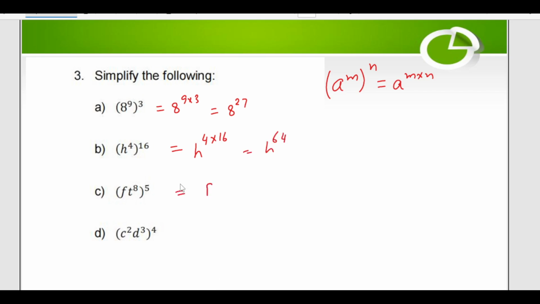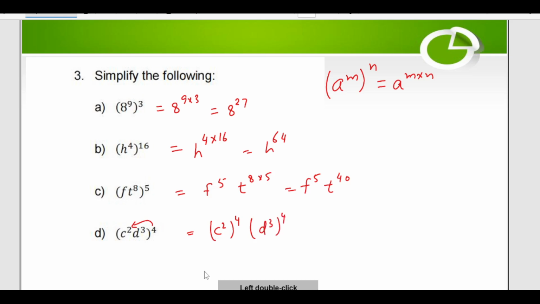Then we have f power 5, t power 8 times 5. So we have f 5 and t power 40, right. And the last one here, this 4 belongs to both of them, right. So that means it is c squared power 4 and then d power 3, power 4. So this is c power 8 and d power 3 times 4, it is 12. So this is the final answer.